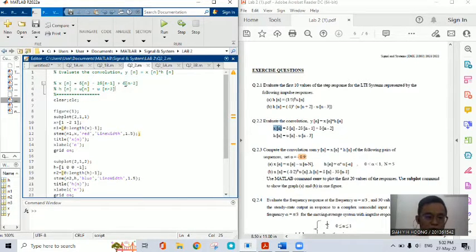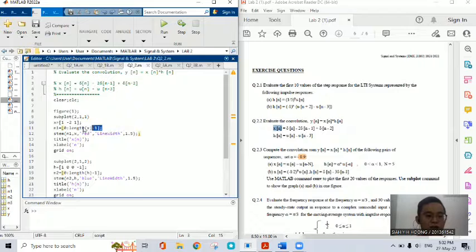Just by looking at the front part of the time shifting expression, we can see x equal to [1, -2, 1], which means n equal to 0 gives 1, n equal to 1 gives minus 2, and n equal to 2 gives 1.